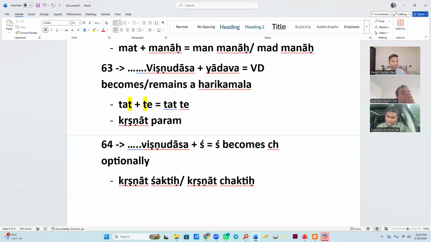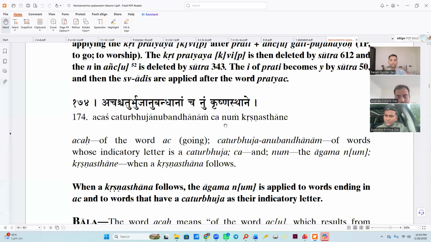Okay, so we'll stop here for today. Memorize the complete sutras for this Vishnu Jana Sandhi, and hopefully we'll complete it in the next class. The whole Vishnu Jana Sandhi, until what? You can see in the book.